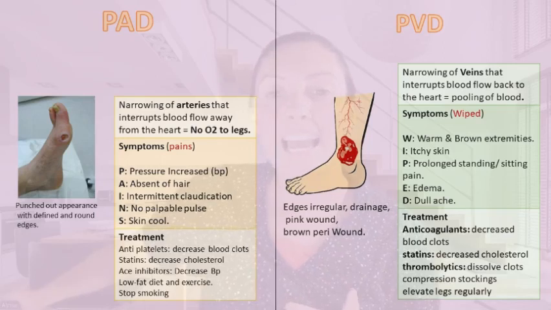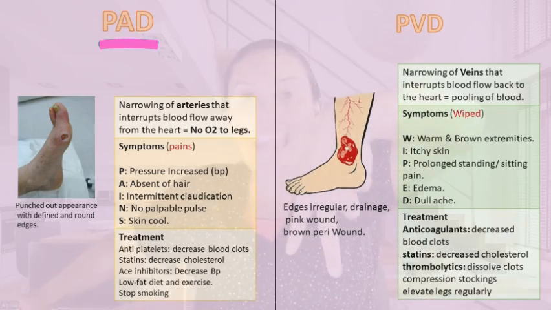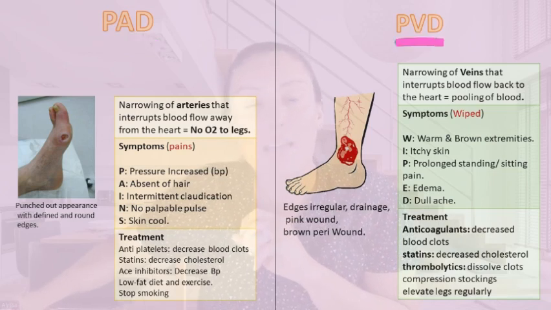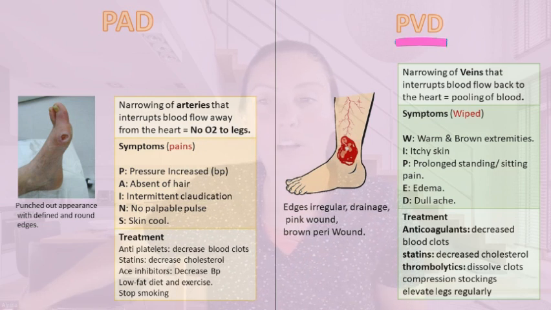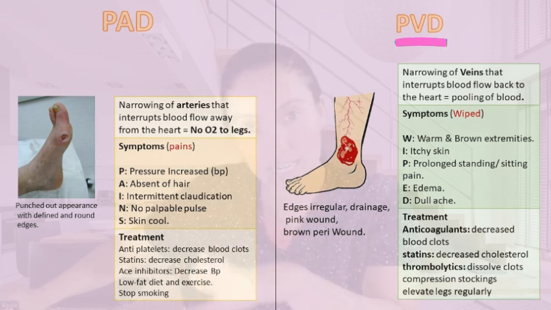So with peripheral vascular disease, we want to raise the legs, and with peripheral arterial disease, we want to dangle the leg. So if you look at this, an A looks like two dangling legs down. And if you look at the V in peripheral vascular disease, two legs upwards, okay? So we want to raise our legs for venous disease, and for arterial disease, we want to lower our limbs.